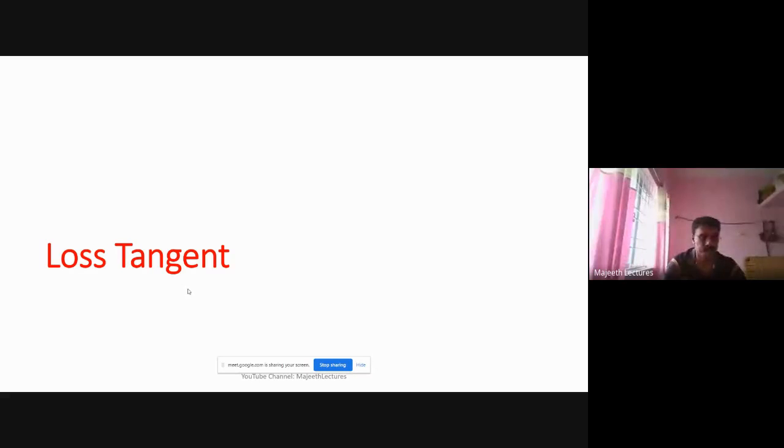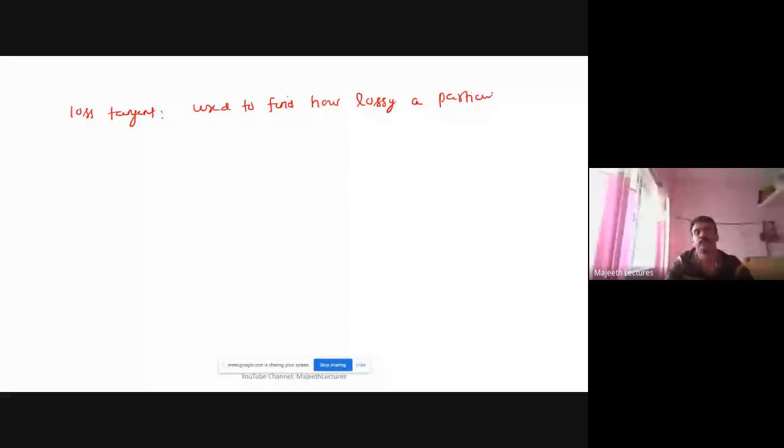So what is the meaning of loss tangent? Why do we need this? Loss tangent is used to find how lossy a particular medium is. This is an important parameter. Why do we have to study this?